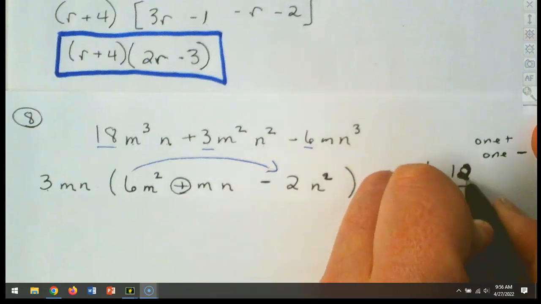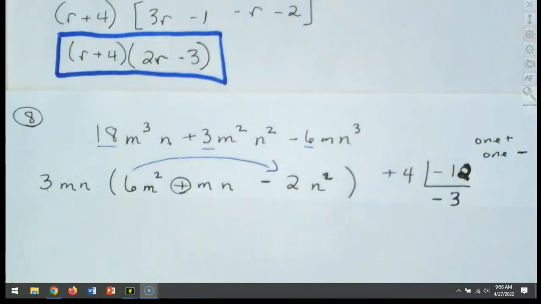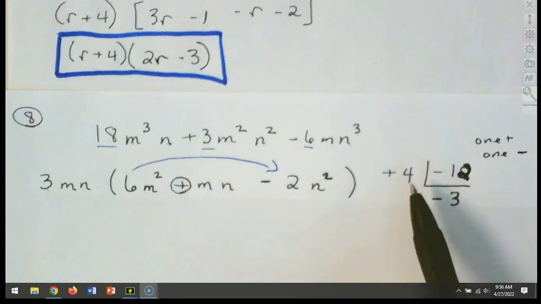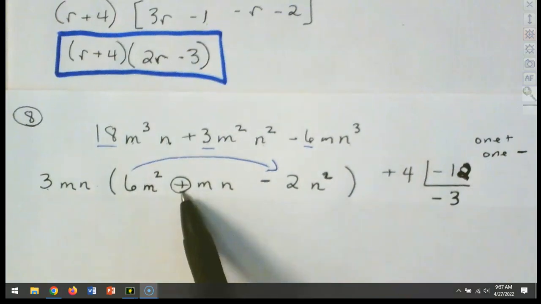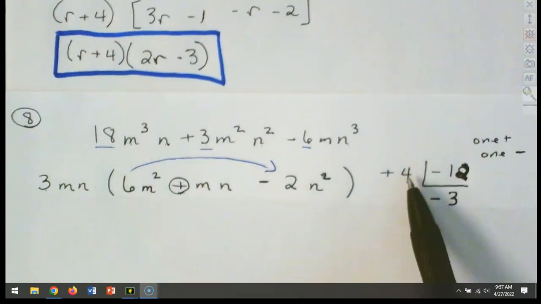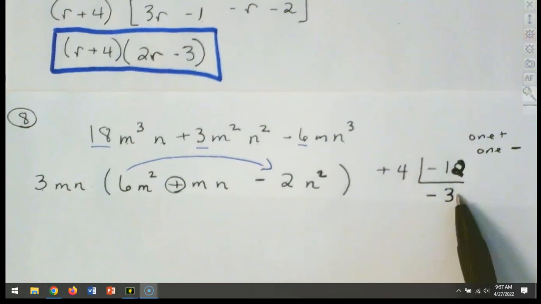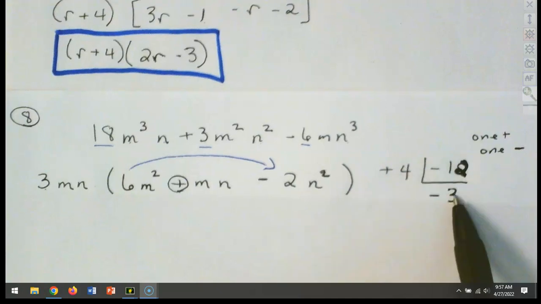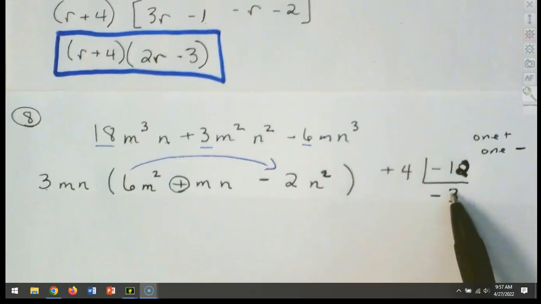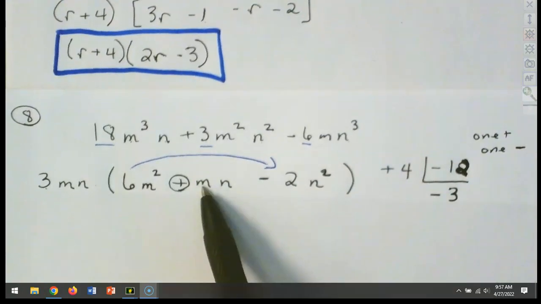That was my fault. I think I was thinking of the 18 up there. But 6 times 2 makes it 12. It's a negative. Now, we know we need a positive number in the middle. Okay? And we need two numbers that multiply together to give you a negative 12, which those do. And then 4 and 3. 4 minus 3, that gives you a 1. That's what we want.